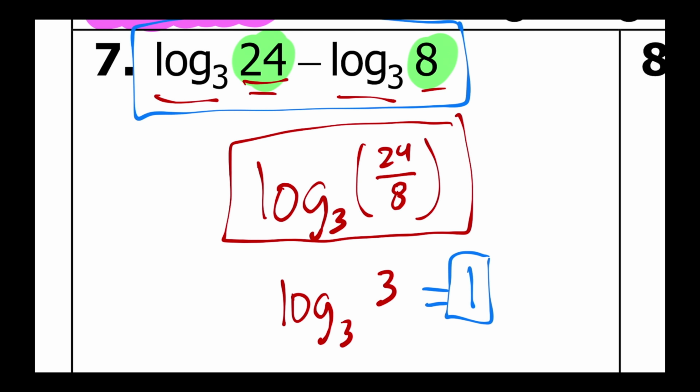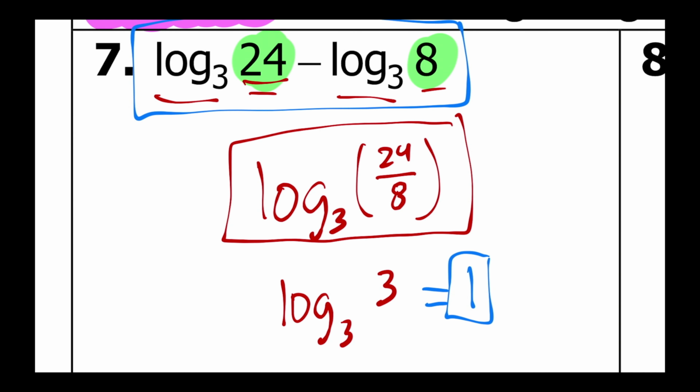Man, I wish I was 1 year old again, and I can say that. I'm log base 3 of 24 minus log base 3 of 8. And no one would understand what I'm talking about. You'd walk away. Yeah, that's probably the response that you'd get from most 1-year-olds.